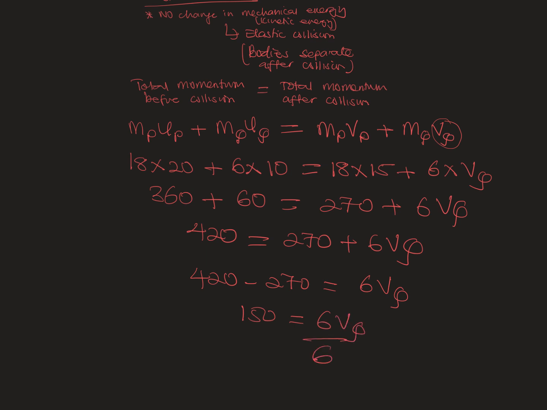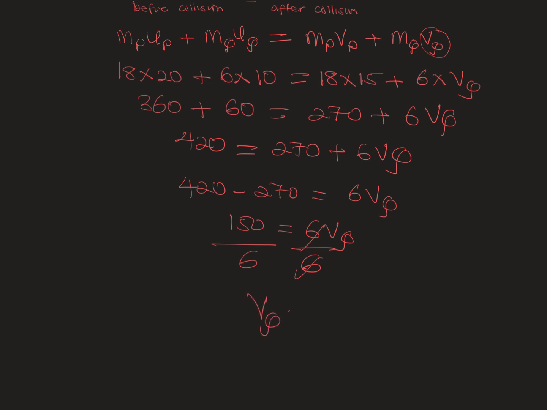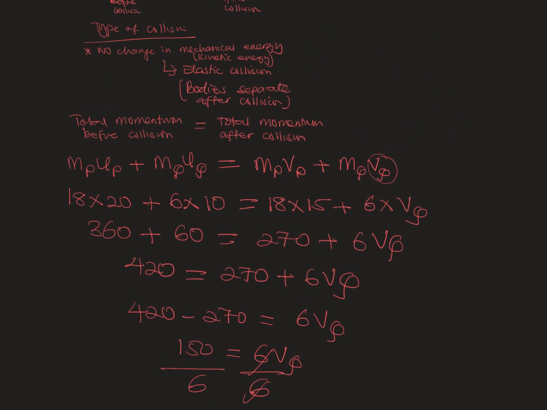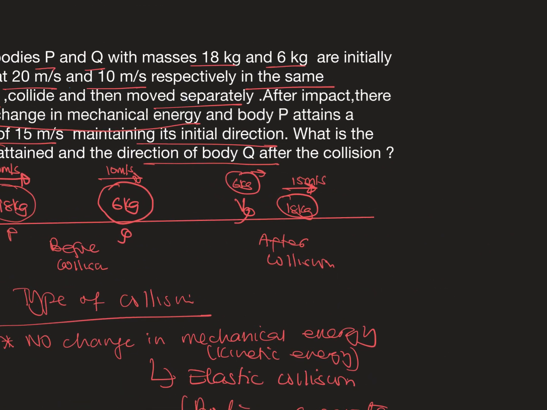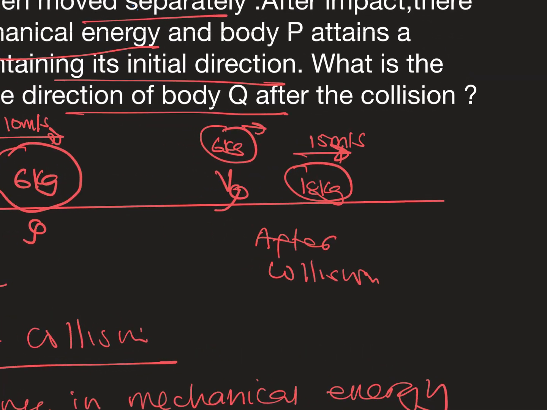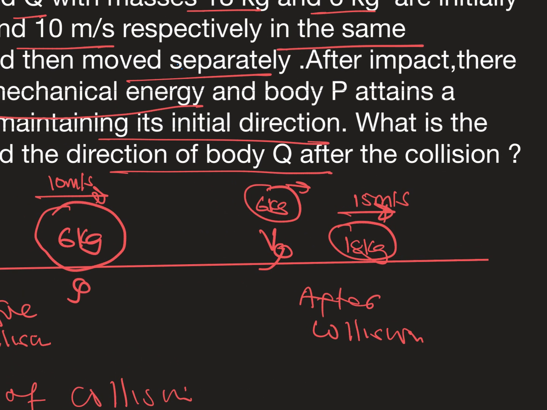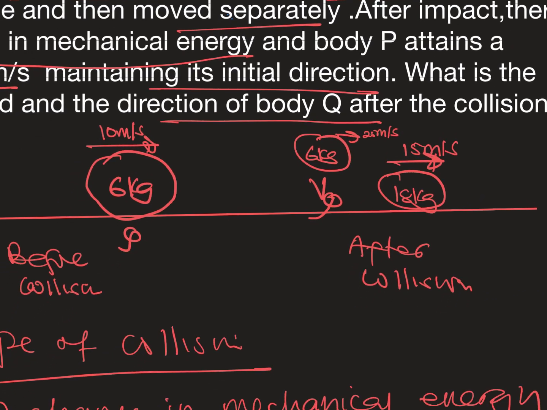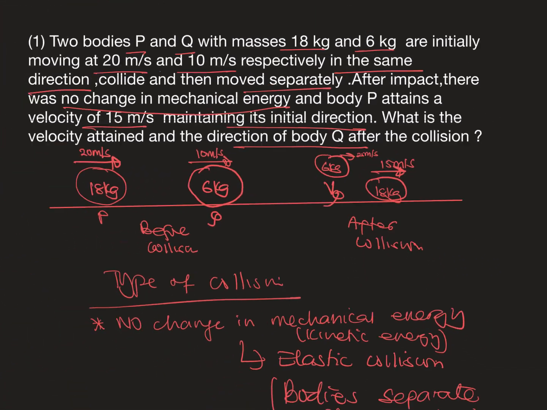So if I divide both sides by 6, VQ, that is the final velocity of body Q, is 25 meters per second. Okay, so which means because it is positive, the final velocity is in the same direction as its initial velocity.